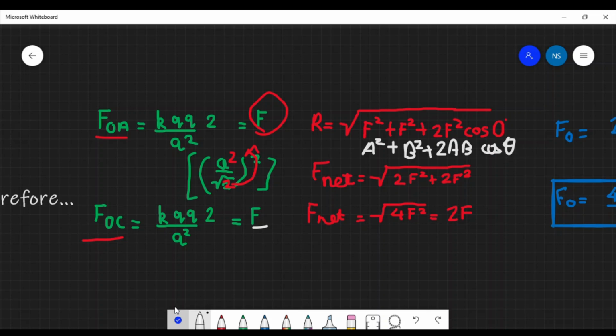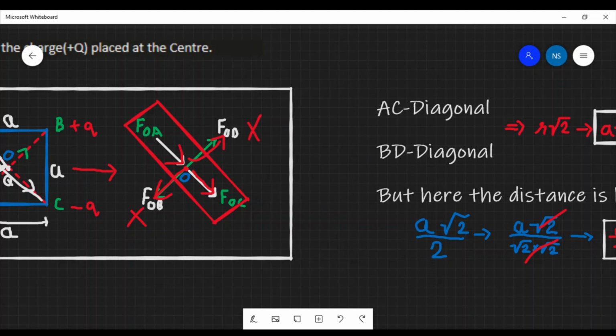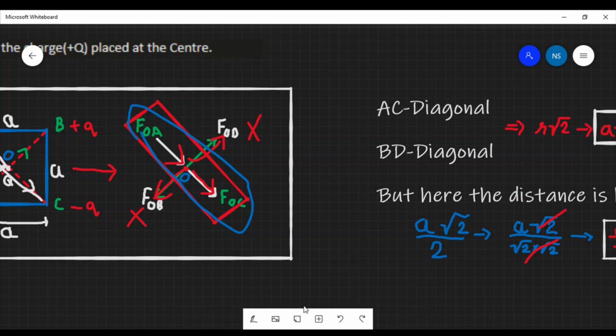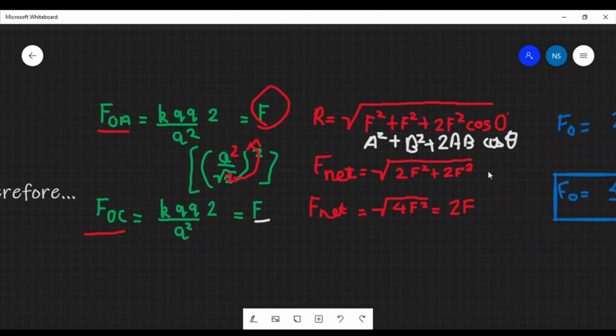Here we got cos 0 because we see that these two are in the same direction, so we can consider them as parallel vectors. So the angle between two parallel vectors is 0 degree, therefore we got cos 0. So cos 0 is 1, so we are left with 2F square again.